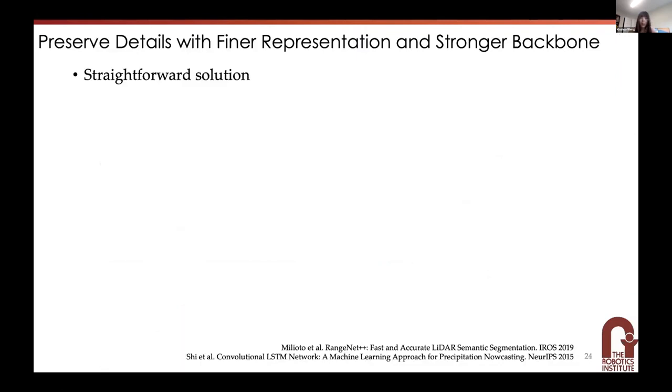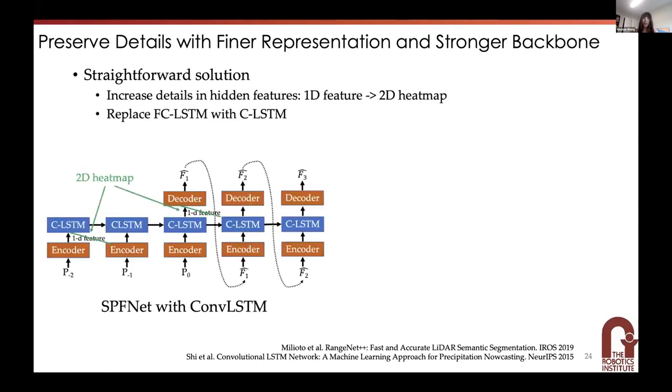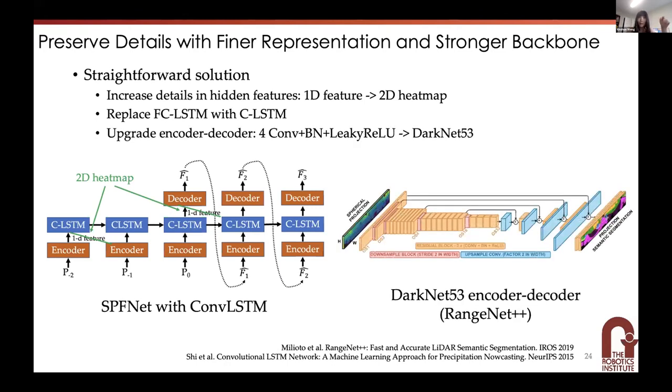So to solve that problem, we first tried a straightforward solution, which is to replace the one-dimensional feature with a heat map, to preserve the spatial information. To adapt to that, we also changed the fully connected LSTM to a convolutional LSTM, which is a very standard approach in the community. And then we also added skip connections and upgraded the encoder-decoder for the range-based method, right?